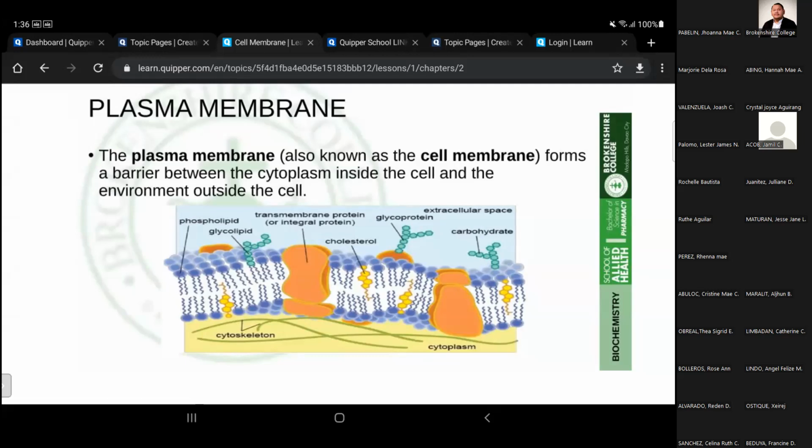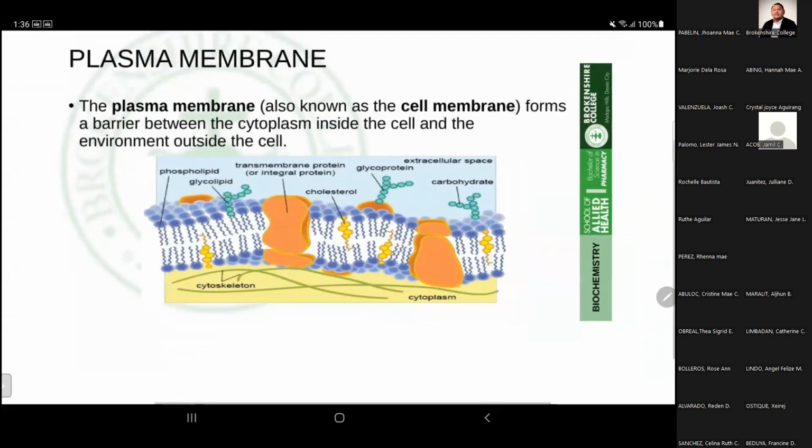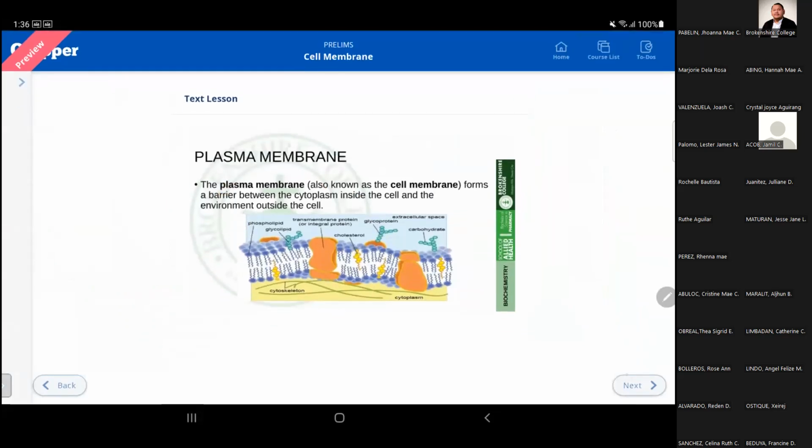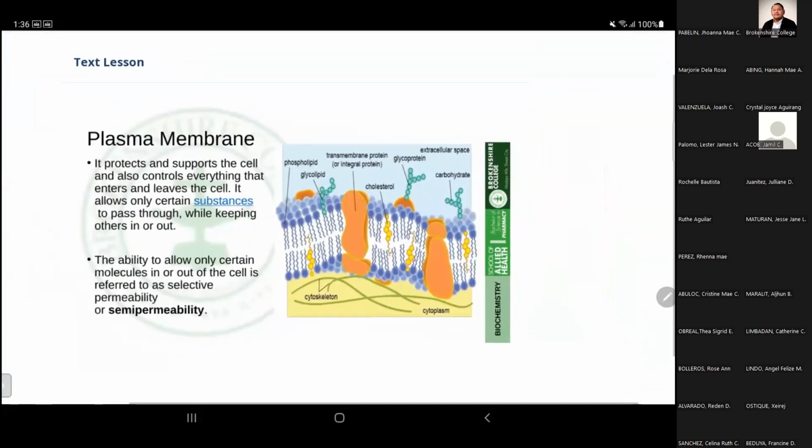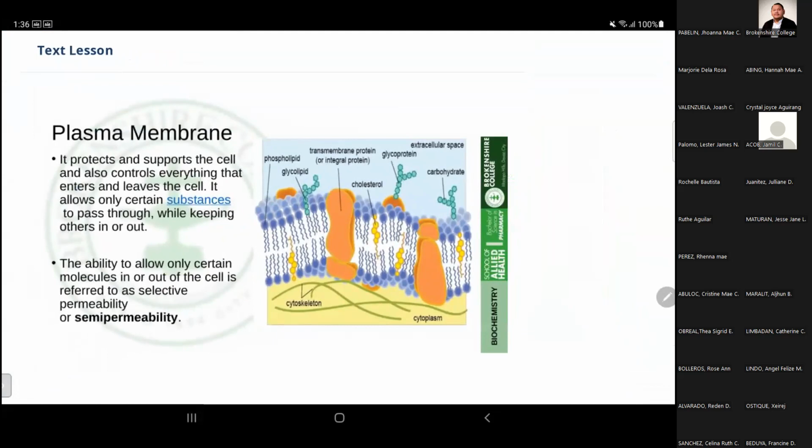Okay, to continue, these are the functions of your plasma membrane under the second slide. So your plasma membrane protects and supports the cell and also controls everything that enters and leaves the cell. It allows only certain substances to pass through, while keeping others in and out.